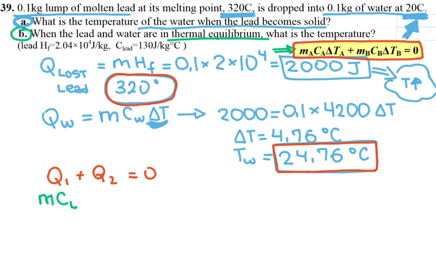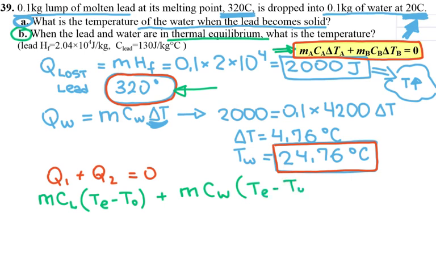The final is the equilibrium temperature minus the initial temperature, which is 320 degrees Celsius, plus the mass of the water, C of the water, and then the equilibrium temperature minus the initial temperature. So this one is for the lead, this one is for the water, and all of that is equal to 0.